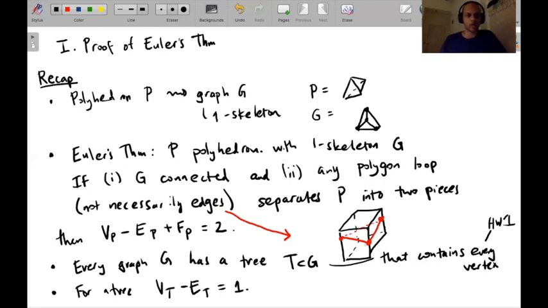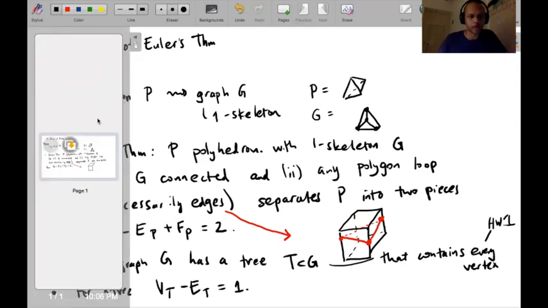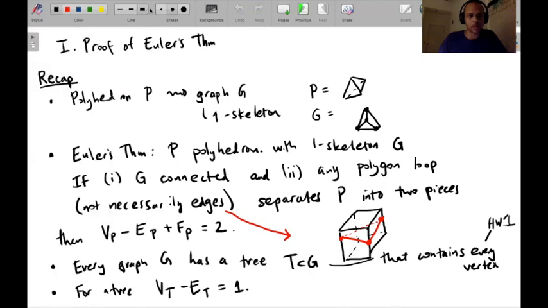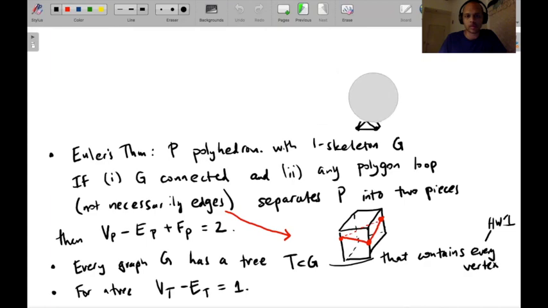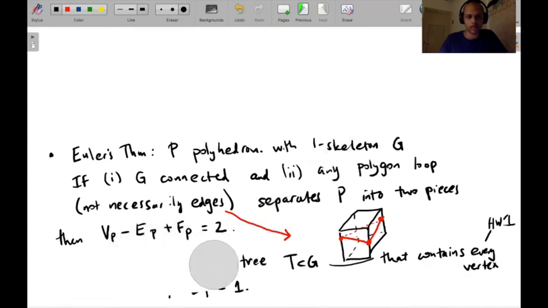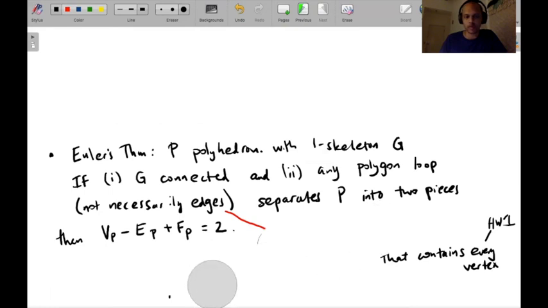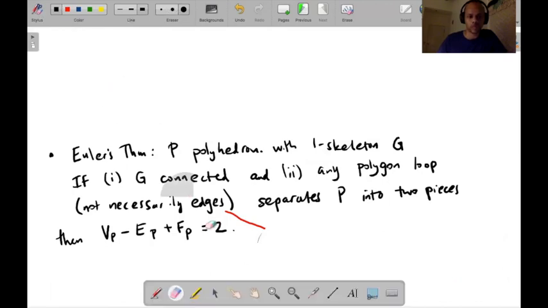Okay, so now let's prove Euler's theorem. Since I have the theorem here, let me keep it on the screen. All right, so here's the theorem.